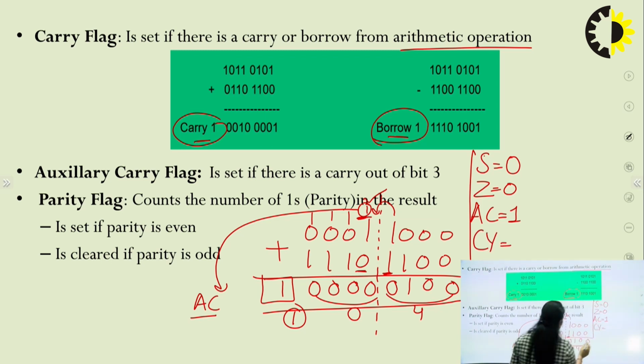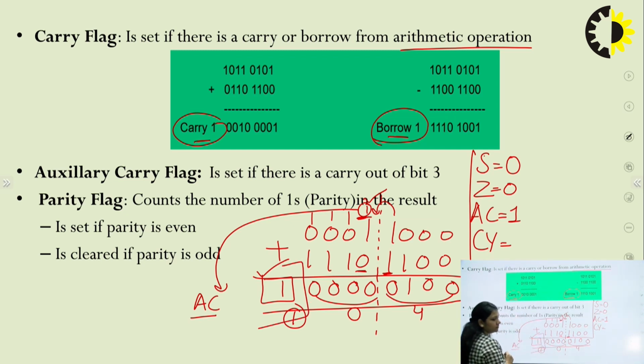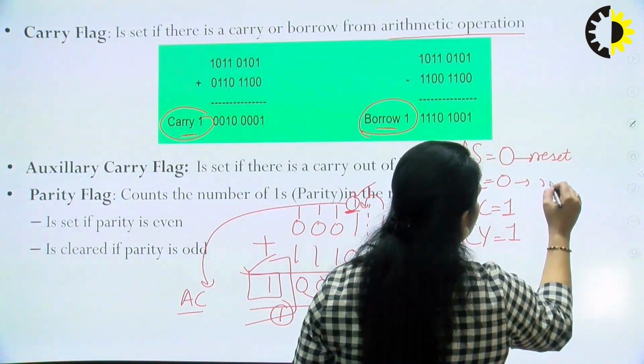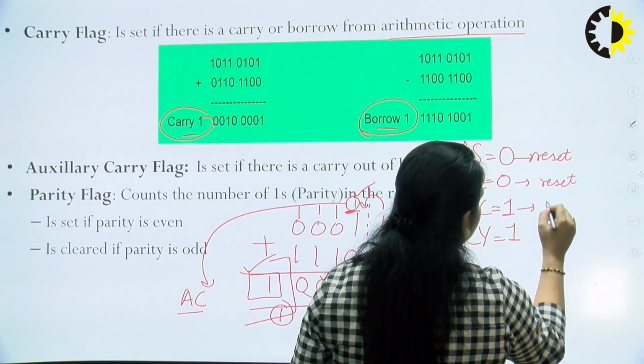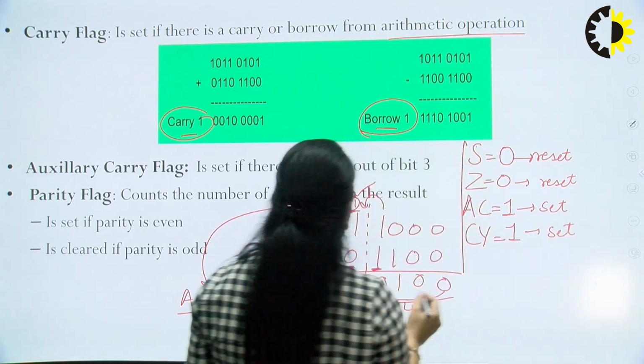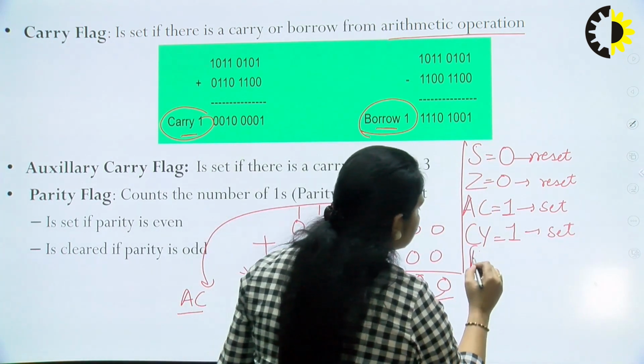If the result has a carry, like here, there is one carry at the end, then the carry flag will be active. If there is no carry, then it will be 0, reset. So we can say reset, reset, set and set.